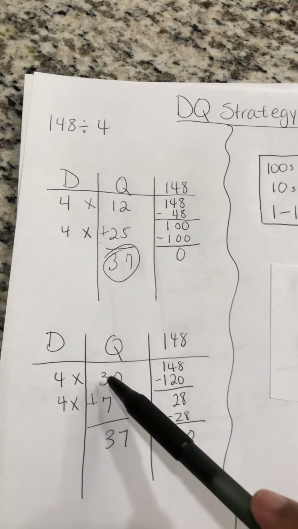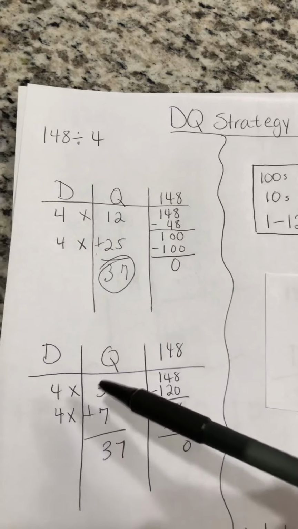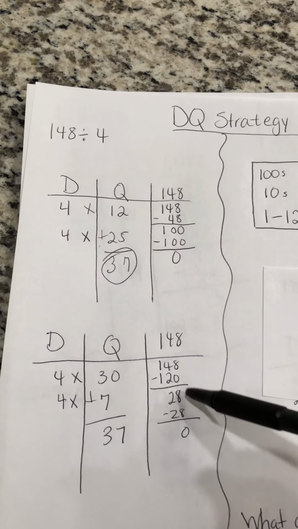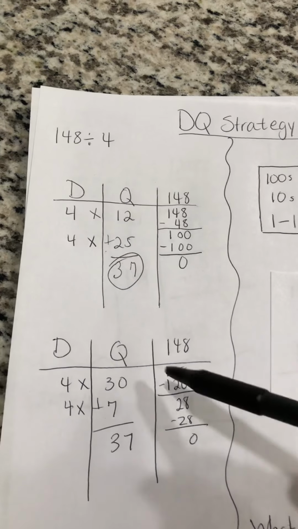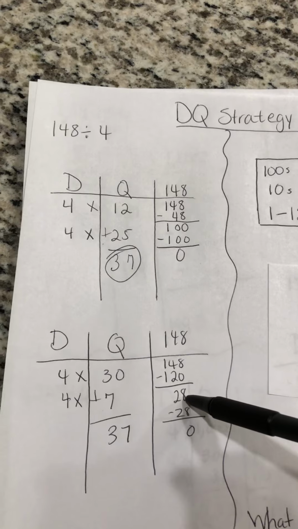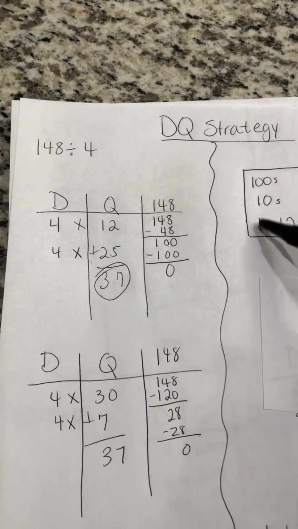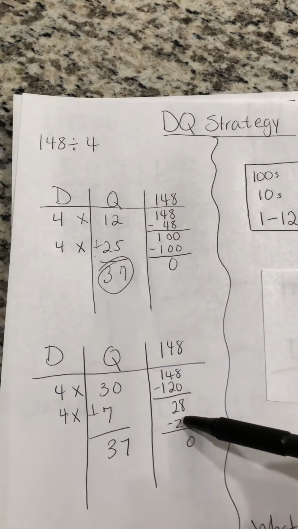I know 4 times 3 is 12, so 4 times 30 must be 120. I'm going to subtract from 148, and I get 28. Okay, 8 minus 0 is 8, 4 minus 2 is 2. And we know 1 minus 1 is 0. Okay, moving on. I know my basic facts, so I'm thinking about numbers 1 through 12. 4 times 7 will give me 28.